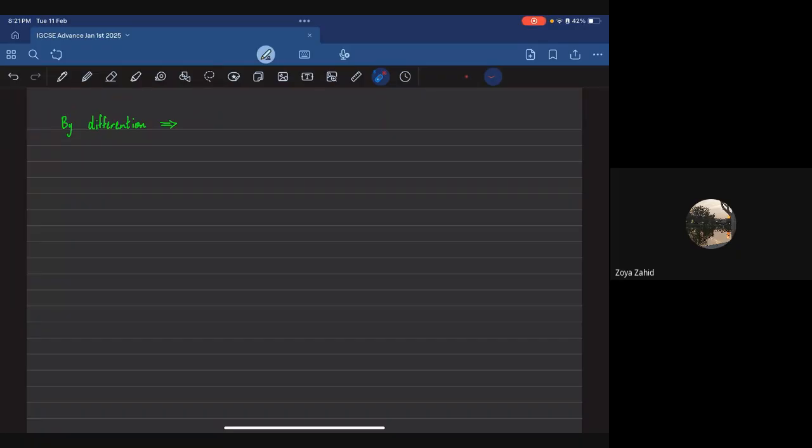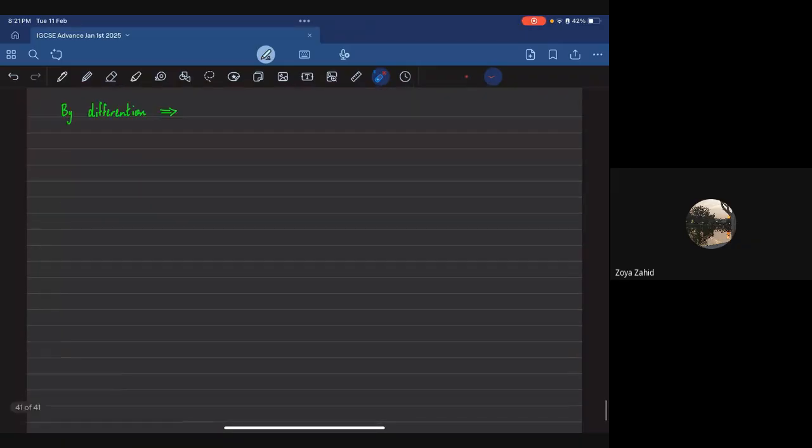I don't want you guys to be extremely scared. It's not going to be very difficult, but this is probably one topic that is going to continue the most. A lot of your entire A level paper is going to be based on your knowledge of differentiation. All right, so let's begin with it. Let's see what we can do.